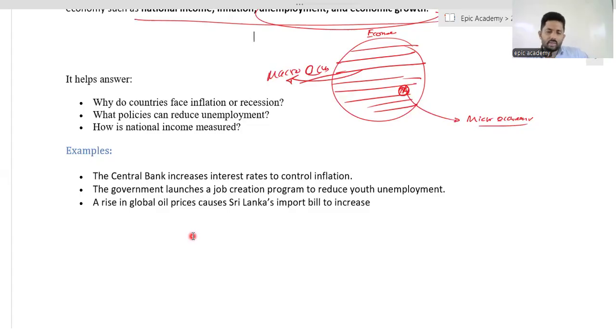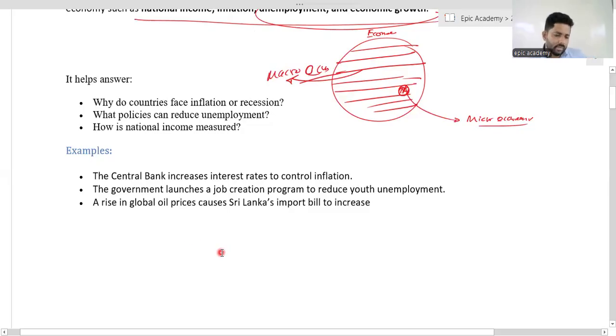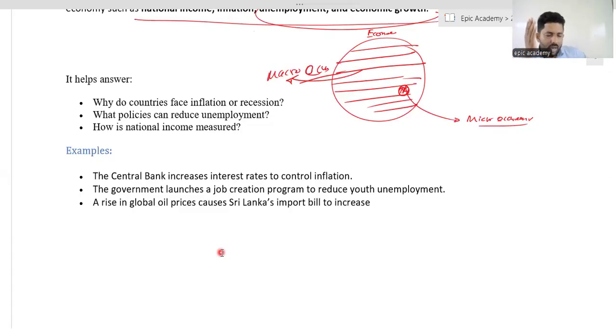It must also increase. This is what is happening in Sri Lanka because of the conflicts, especially between Russia and Ukraine, between the USA and China, and between Palestine and Israel. Each and everything blocked international trade, and the cost of international trade also increased.